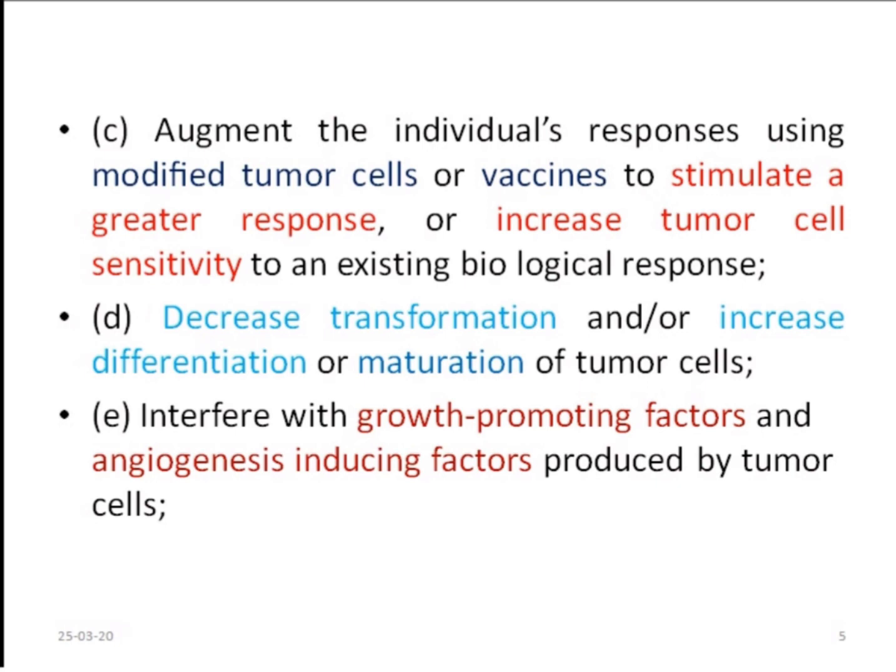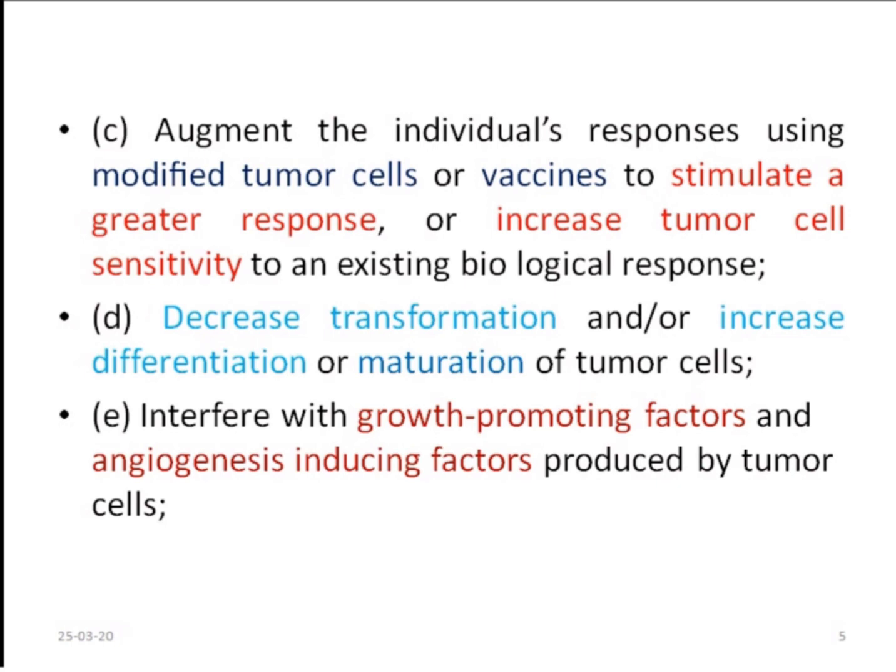Okay. Point number 3 here: augment the individual's responses using modified tumor cells or vaccines to stimulate a greater response or increase tumor cell sensitivity to an existing biological response. What does it mean? Here, the BRMs are either modified tumor cells, meaning tumor cells genetically modified and injected back into the body, where they start responding in a different way, right?